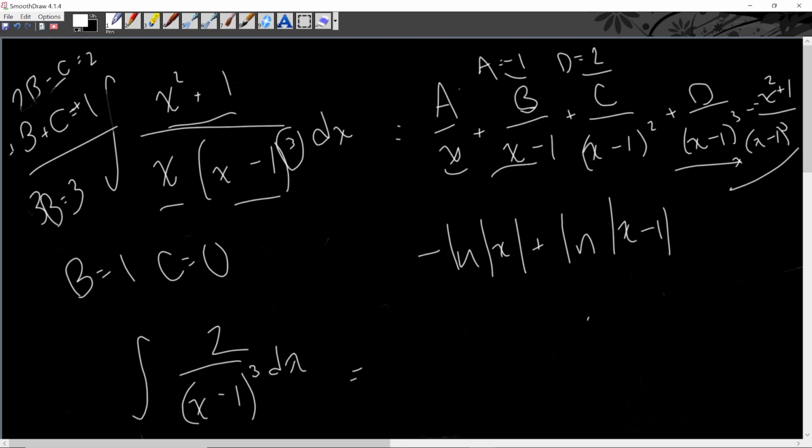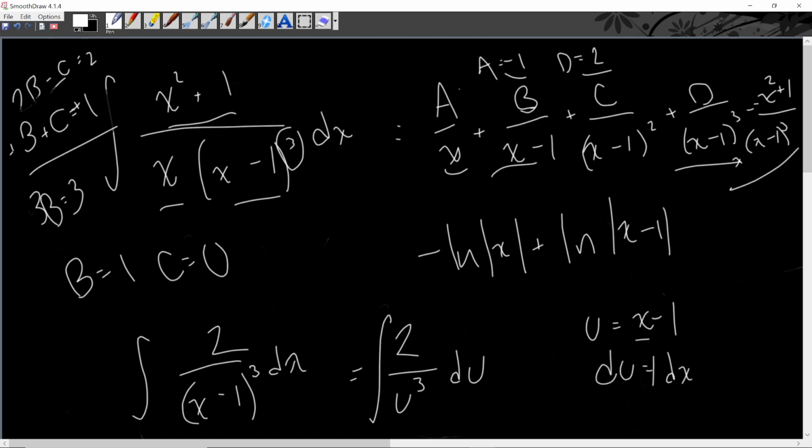I'm just going to write u is equal to x minus 1. We'll do du is equal to dx. Again, derivative of x is 1, so 1 dx, but we have 2 over u cubed du, integrate, and then I'm just going to write this as 2 times u to the negative 3 du.